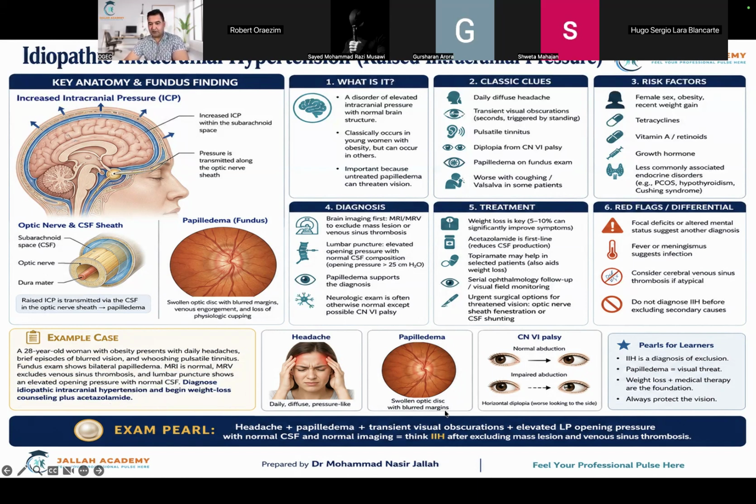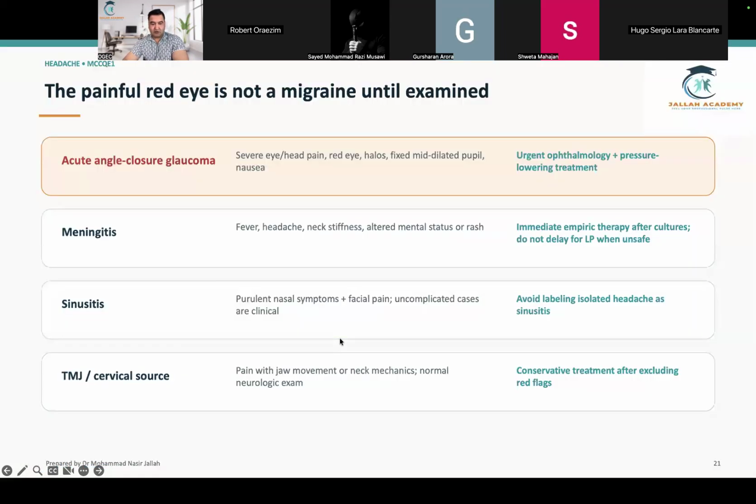Headache, papilledema, cranial nerve palsy, and I think we're done with this. The painful red eye is not a migraine until examined. So, acute angle closure glaucoma: severe eye or head pain, it will be red. The key finding for acute angle closure glaucoma, halos.